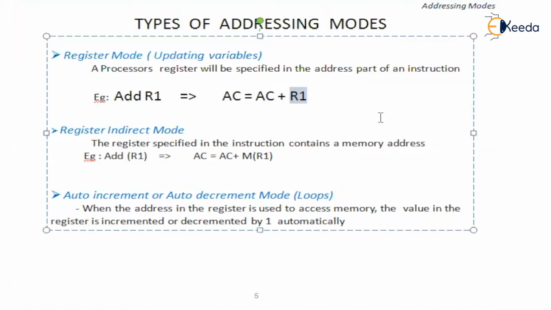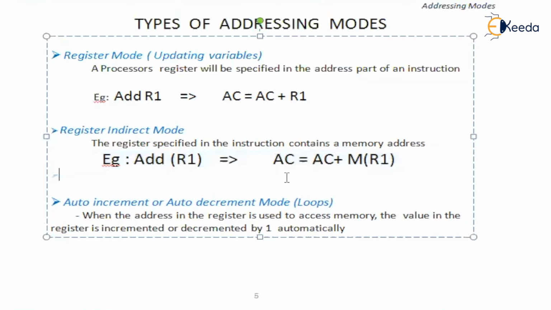We'll go to that memory address, get the content and get it added to the accumulator. Accumulator is equal to accumulator plus memory of R1. It is not directly R1 because R1 holds a memory address. We'll go to that specific address, collect the operand and add it to the accumulator. That is register indirect addressing mode.